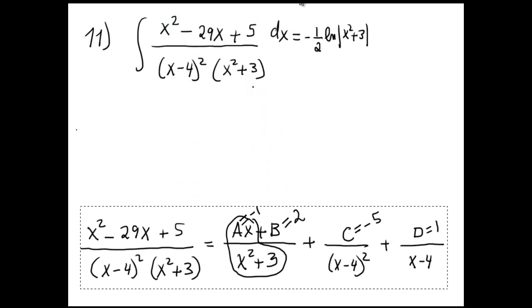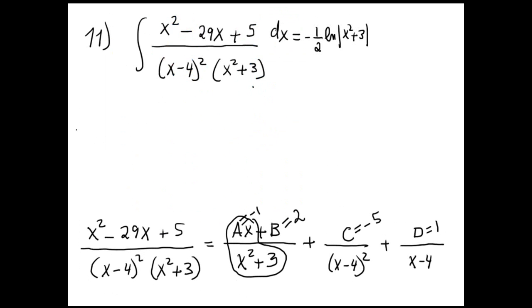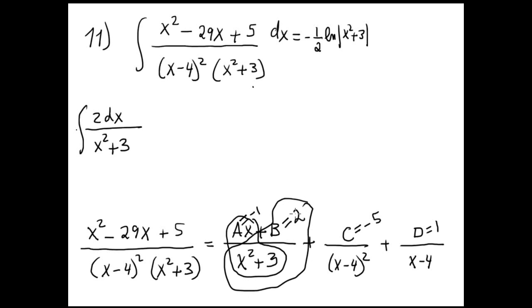Okay, the second integral is integral 2 dx over x squared plus 3. Well, this is super easy. 2 is a constant. So this is 2 over radical 3 tangent inverse of x over radical 3.